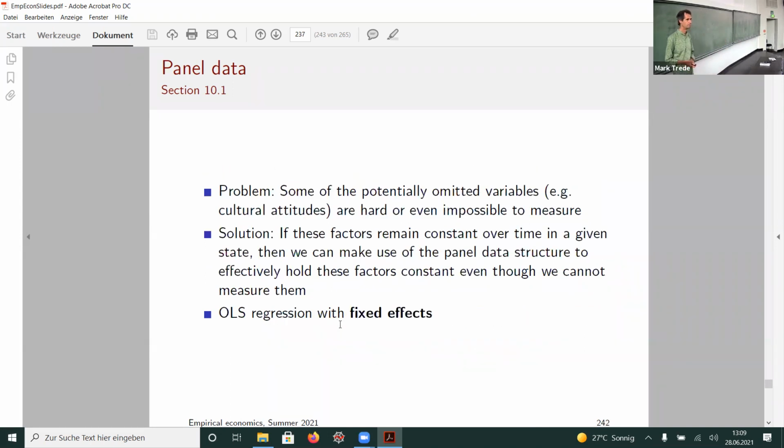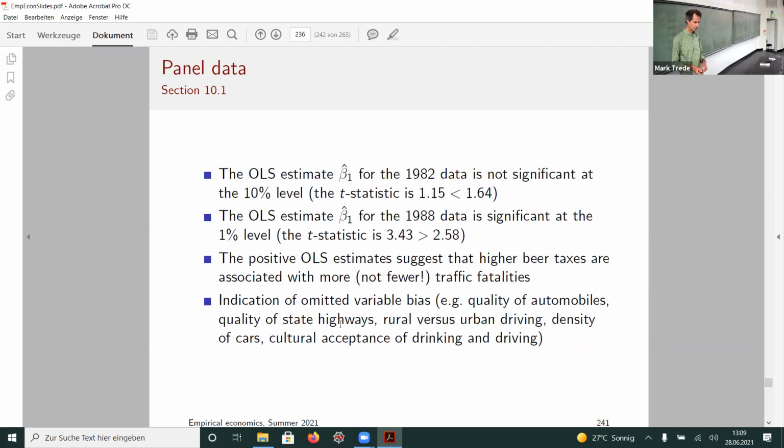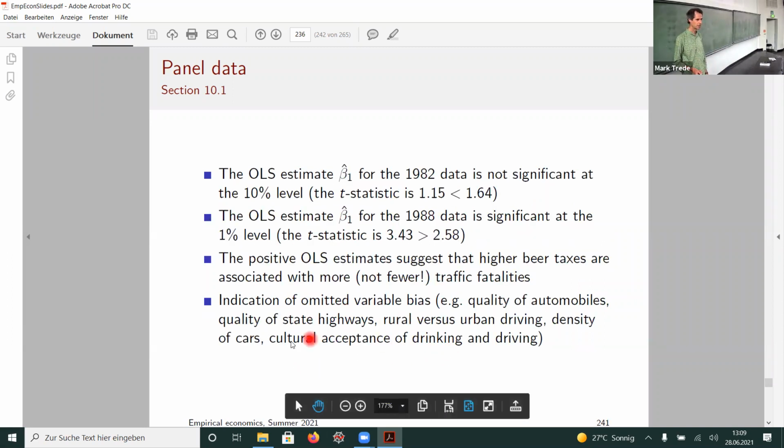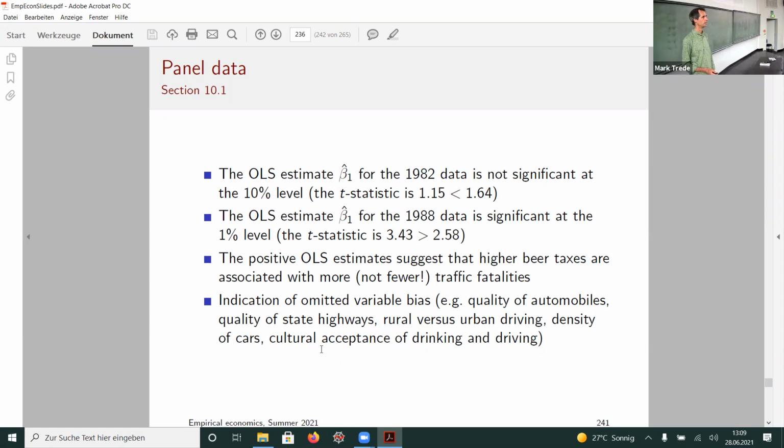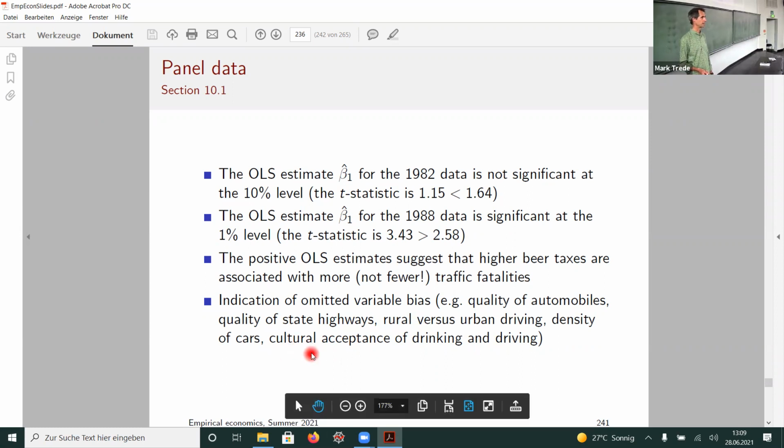Okay, so let's concentrate on this idea of cultural acceptance of driving and drinking. If it's accepted in certain states that you drive even though you're drunk, then those places probably have lower beer taxes. I think that's plausible.